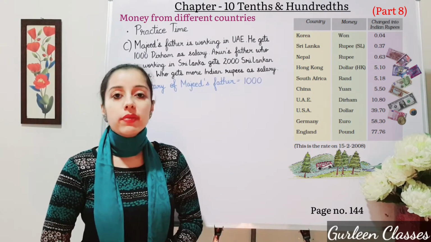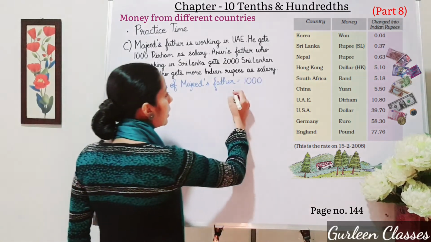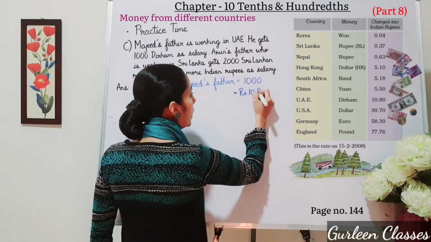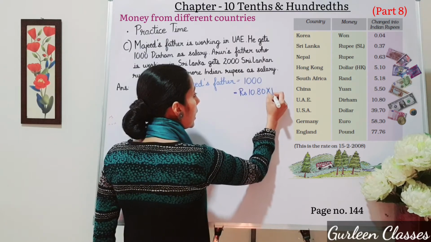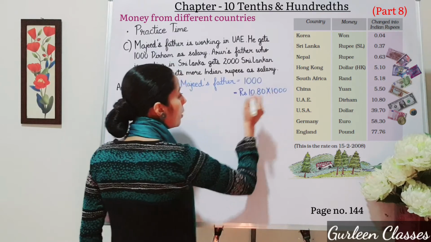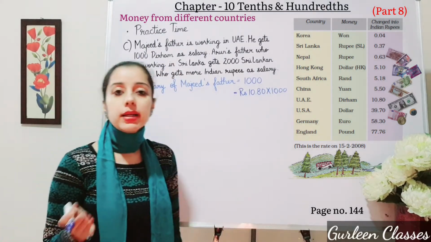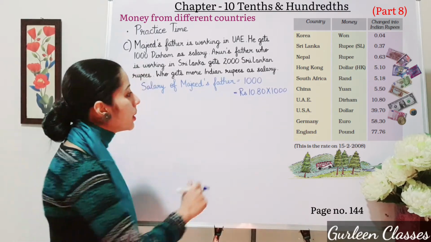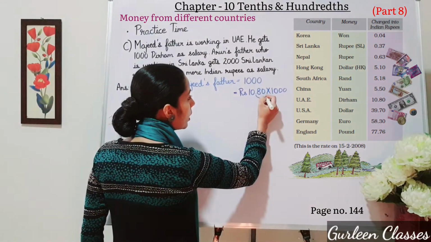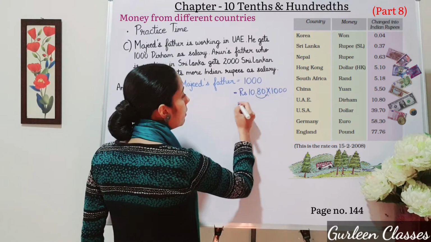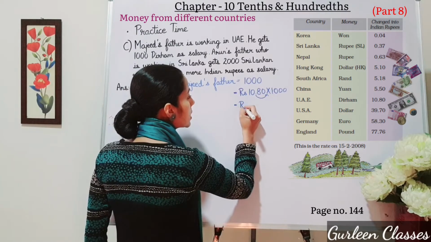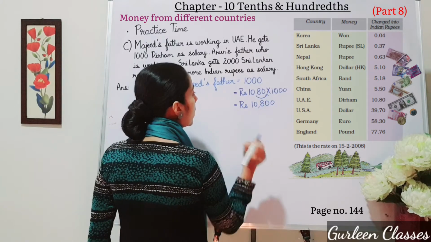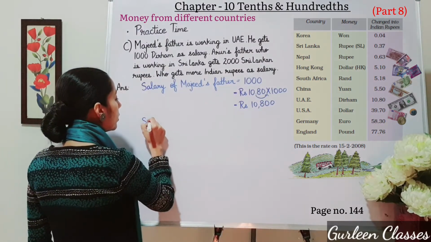So we will multiply rupees 10.80 by 1000. Whenever we multiply a decimal number by 1000, the decimal point moves to the right by 3 places. So here the decimal point will move to the right by 3 places and here we will add 0. So the answer is coming rupees 10,800.